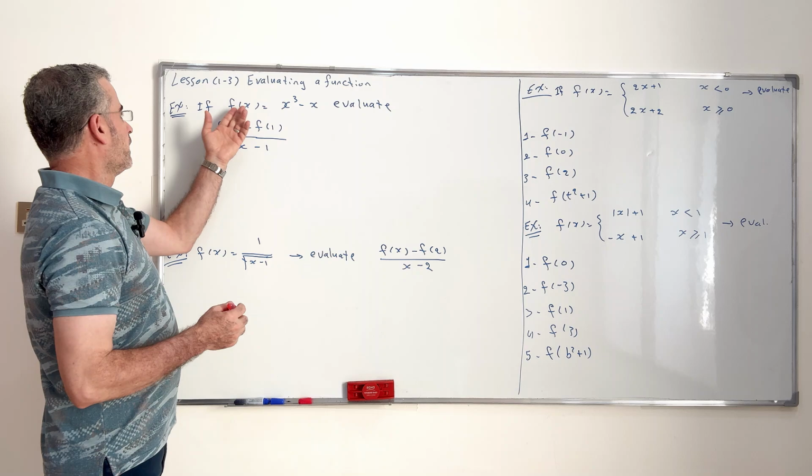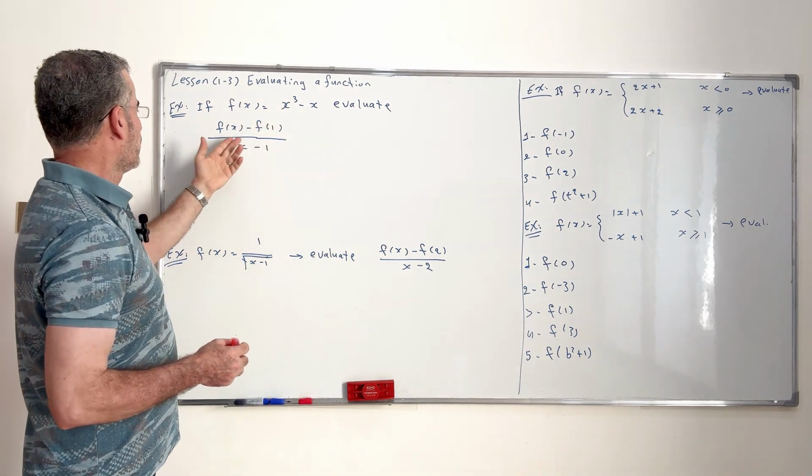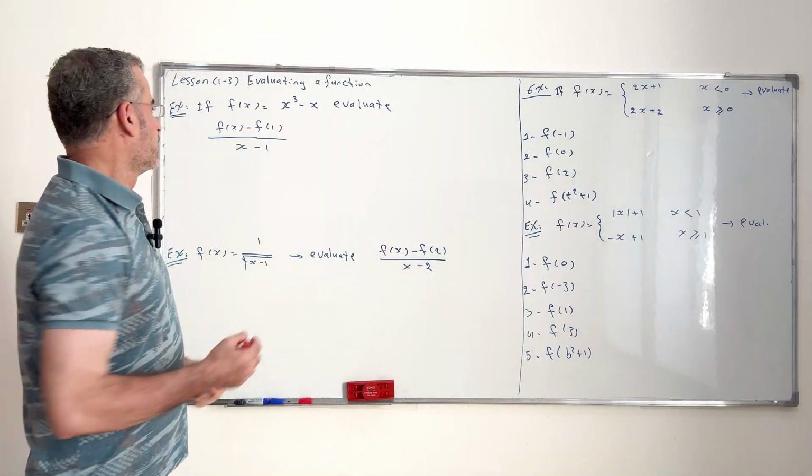Example: if f of x equals x to the power 3 minus x, evaluate f of x minus f of 1 over x minus 1.